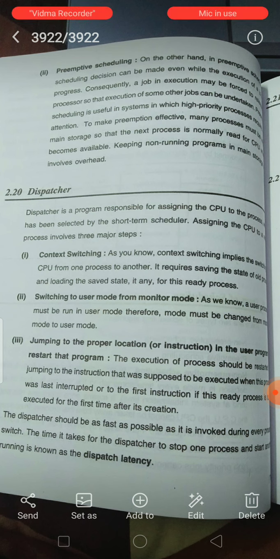The dispatcher needs to be as fast as possible, as it is run on every context switch. Dispatch latency is the amount of time required for the dispatcher to stop one process and start another.